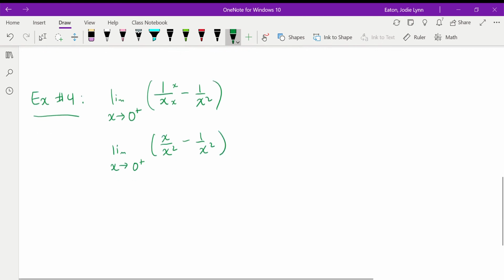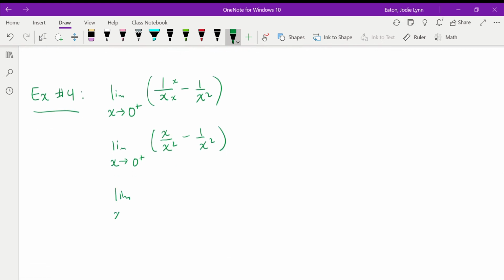Okay, so this is the limit as x approaches 0 plus of x minus 1 over x squared. So when we plug in 0 plus, we look at this as a single fraction. This is going to give us 1 over 0, okay? And so this is not indeterminate. Okay, sorry, that's a negative 1 over 0.